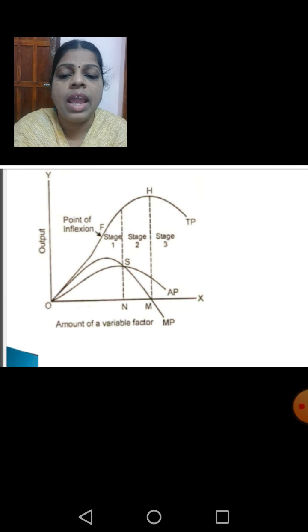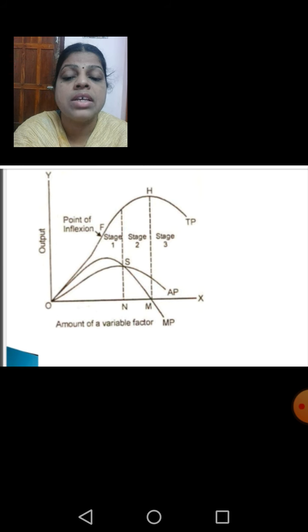The AP and MP means, here we can see that when AP increases as the quantity of the variable factor increases, what happens to MP? See, the curve is more than, it is above the AP curve. So what does it indicate? That the value of MP is more than the AP.